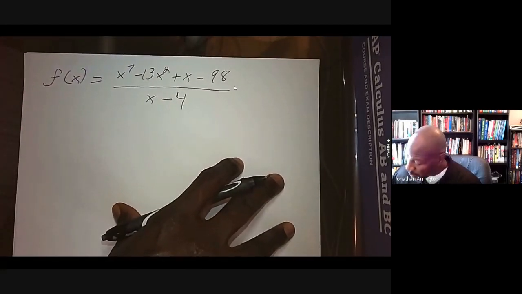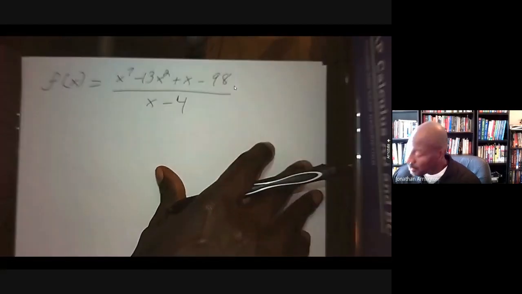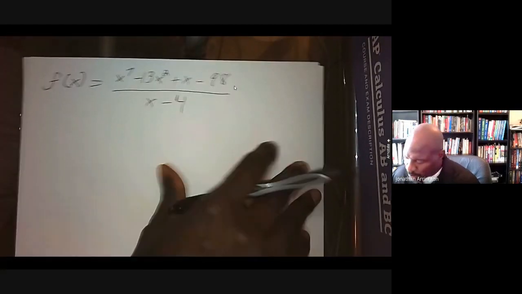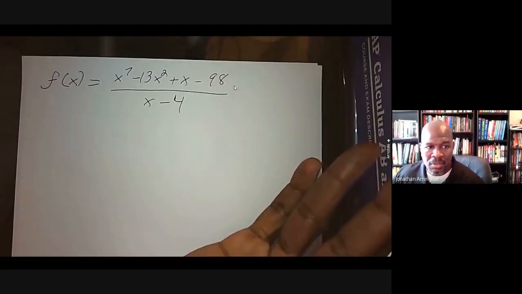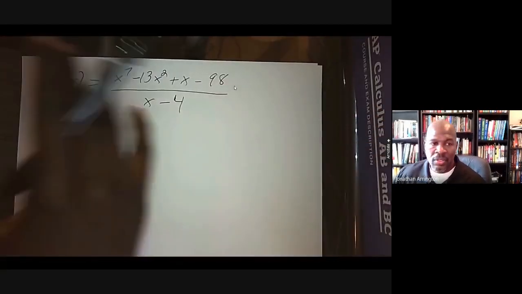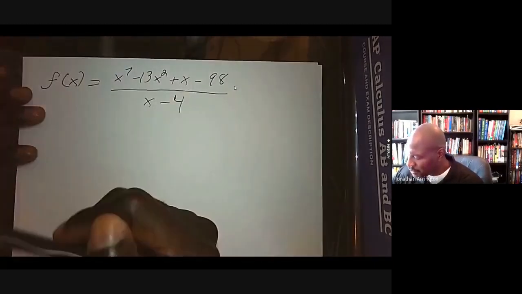Now, some of you may think my numerator looks fairly intricate or complex, and perhaps it is. But it is irrelevant to me finding the domain of the function. So the value of my numerator is not going to affect the domain of the function. It's not going to affect restrictions on the domain of the function, I should say, at least not in this case, not this type of numerator.